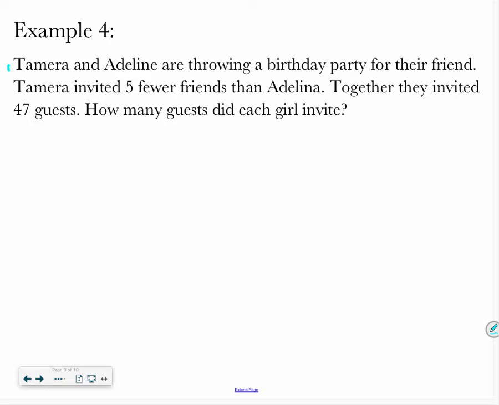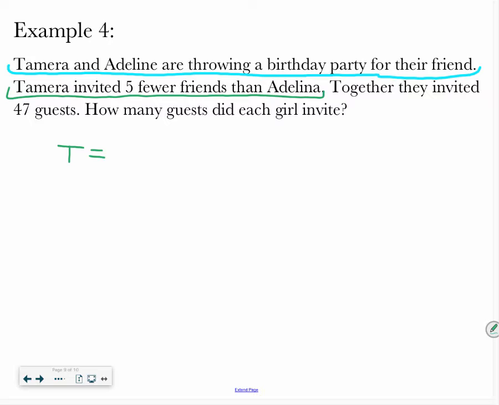So let's look at our first sentence. They're throwing a birthday party for their friend, okay? Does that give us any information other than the scenario? No. So let's look at our next sentence. Tamara invited 5 fewer friends than Adelina. So we know Tamara invited 5 fewer friends than Adelina.